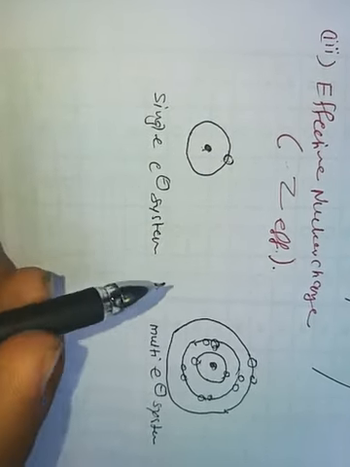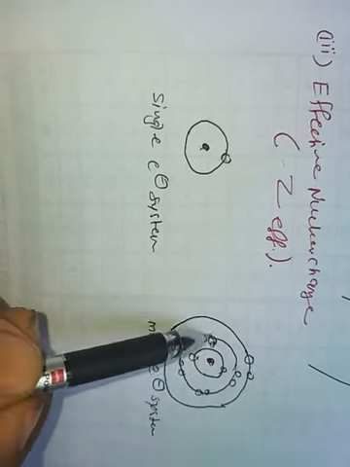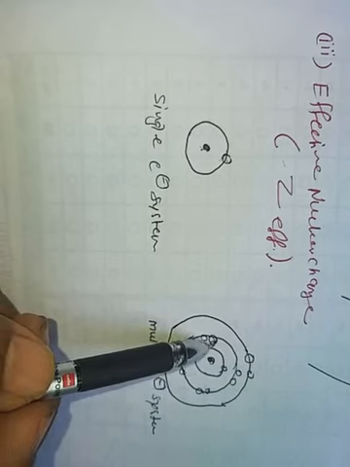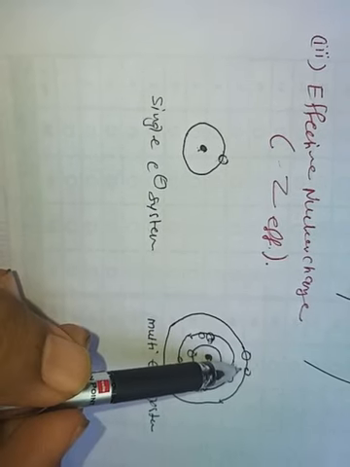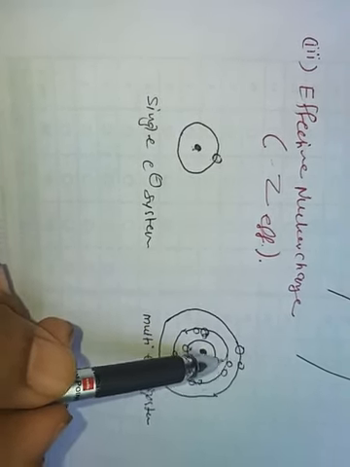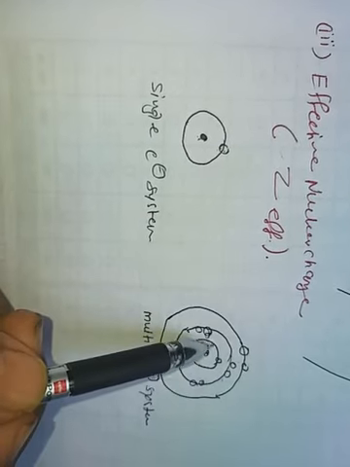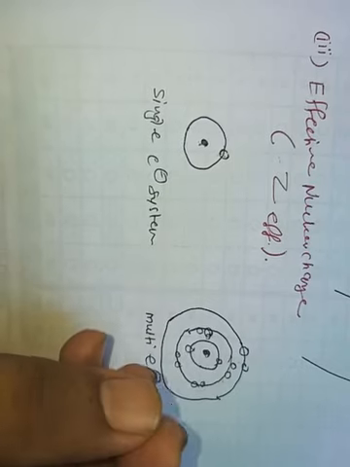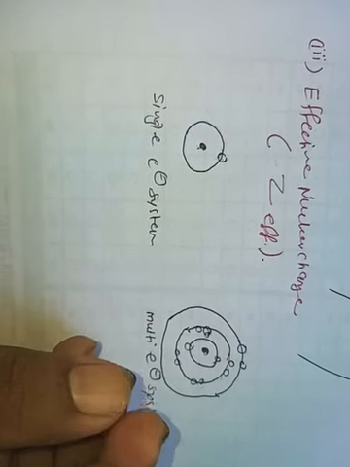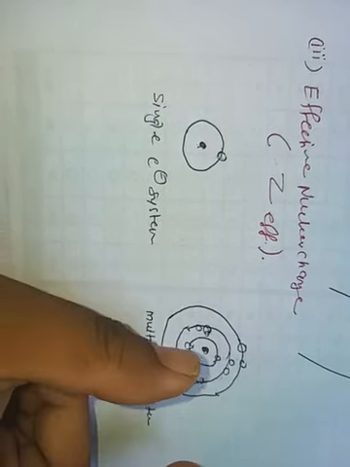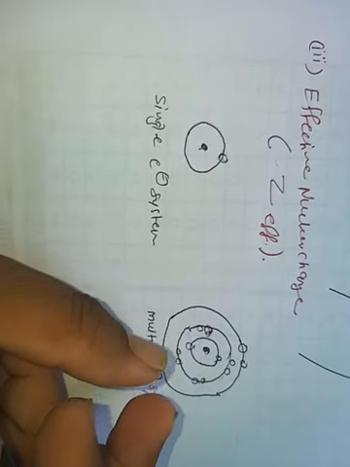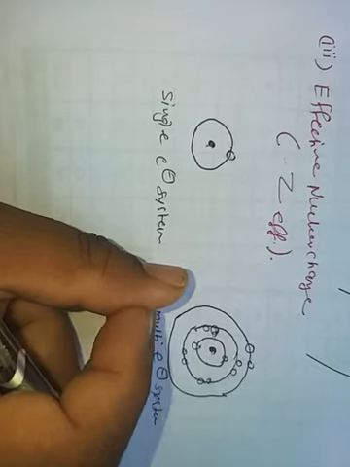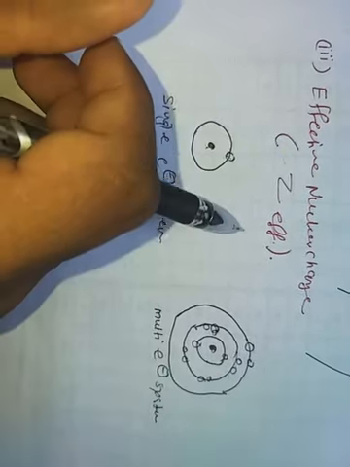But in a multi electron system, the attraction of the nucleus is not all on a single electron, because other electrons repel each other. This results in a decrease in the nuclear attraction on the electrons of the outermost orbits. The part of nuclear charge that works against the outer electrons is called effective nuclear charge.